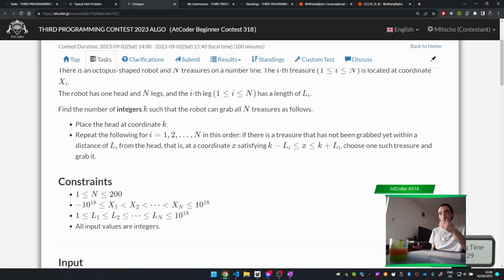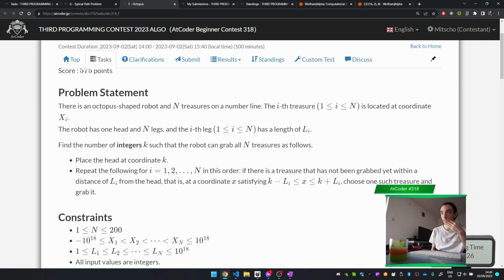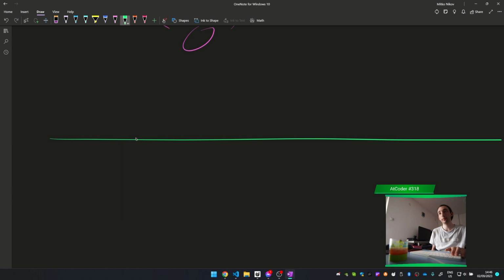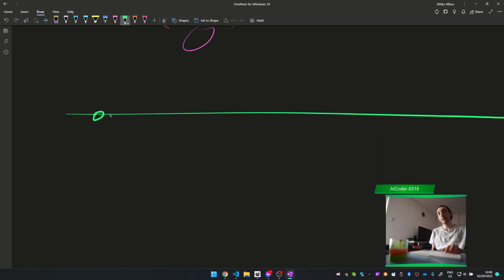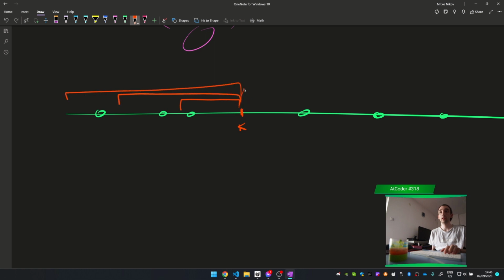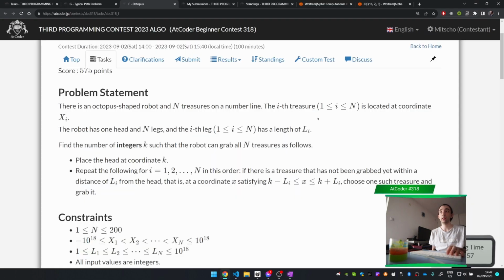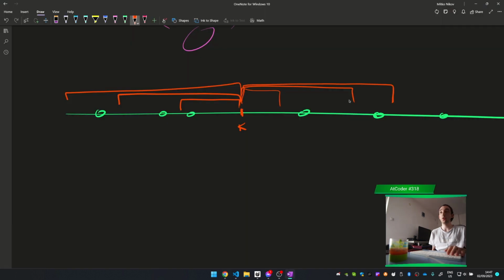So there are some fixed coordinates, and for a coordinate k, there are some legs that extend like this. And we want to see if they can grab all N treasures.